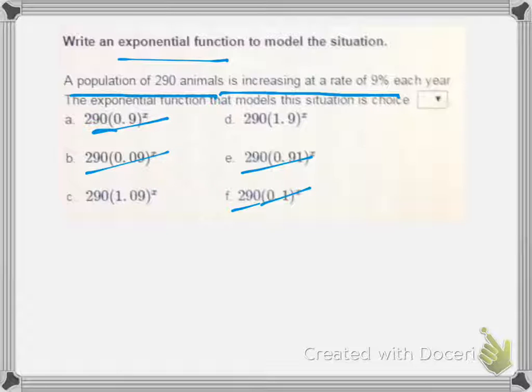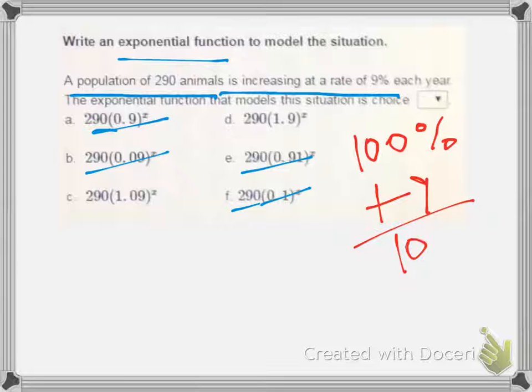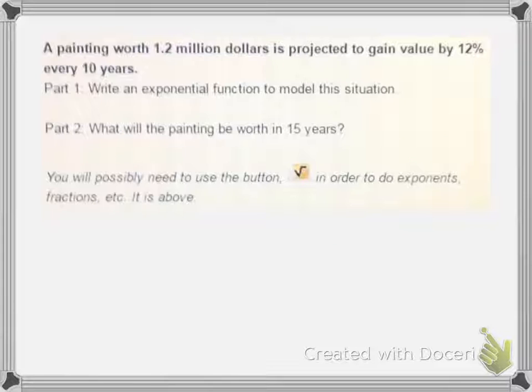All of those are below 1. They can't be increases. Increases means you're adding to 100%. So if you add 9 to 100%, that would be 109. Not 1.9, but 1.09. This is a 9%. This would have been a 90% on answer choice D.